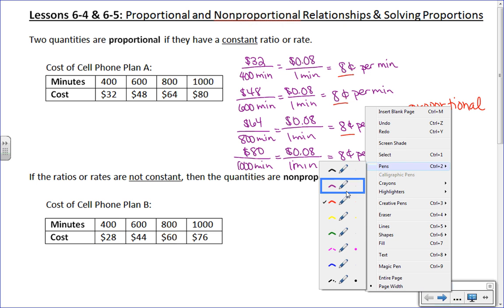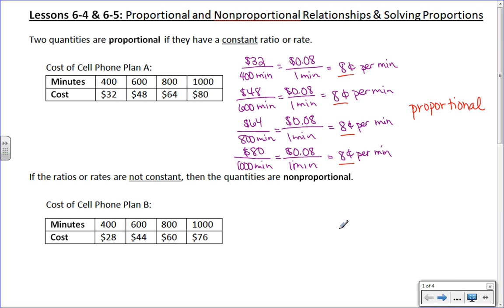Let's see what we get in the second table. So we'll do the same thing here. So $28 for 400 minutes. We divide these both by 400. This comes out to 7 cents per minute. For the second one, we have $44 for 600 minutes.